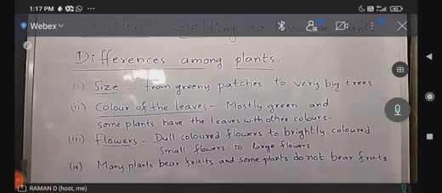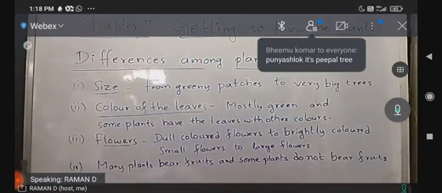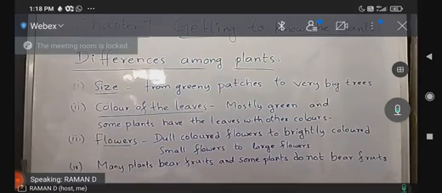Compulsorily all fruit bearing plants produce flowers, but all flower producing plants may or may not produce fruits. Are you getting it? Fruit is the part that is developed from the flower.